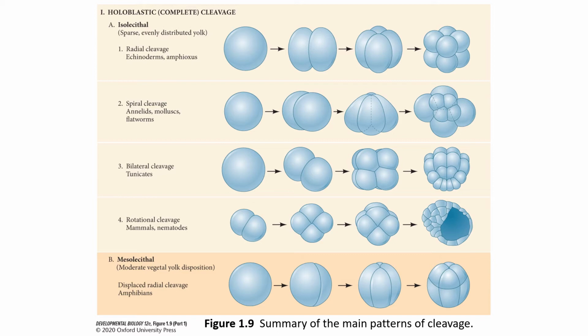Okay? In mesolecithal, the type that you can see is a displaced radial cleavage, which is prominent in amphibians. Okay?